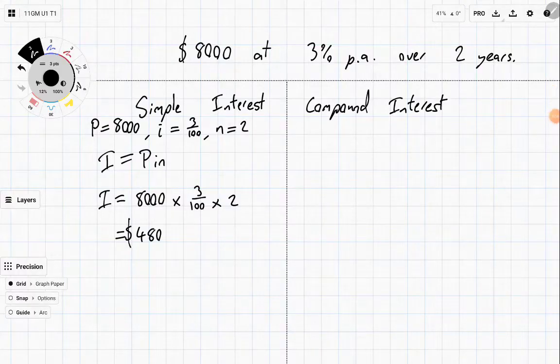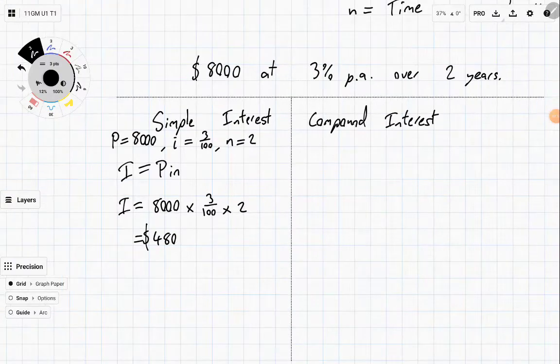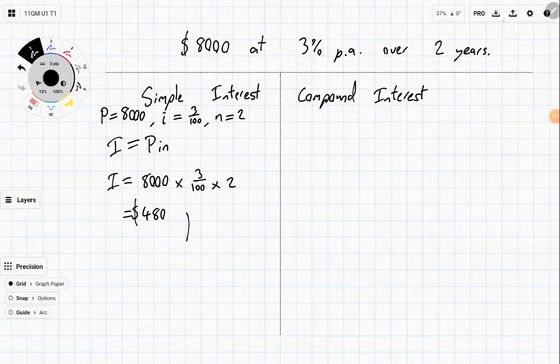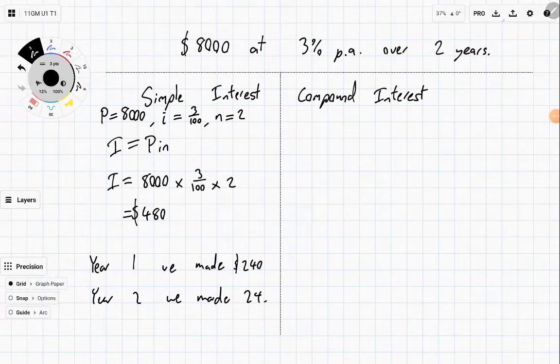Alrighty. Now really, where is this $480 coming from? Well, it means that in year 1, we made $240. And then in year 2, we made $240. Notice it goes up the same each time.